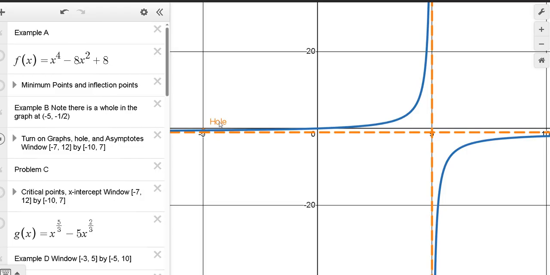Now, keep in mind that the graphing calculator is not going to be able to show you the hole in the graph. I mean, even decimals doesn't show you that unless you're really, really careful and clever. So you can see the concave up shape to the left of your vertical asymptote, concave down shape to the right of it.